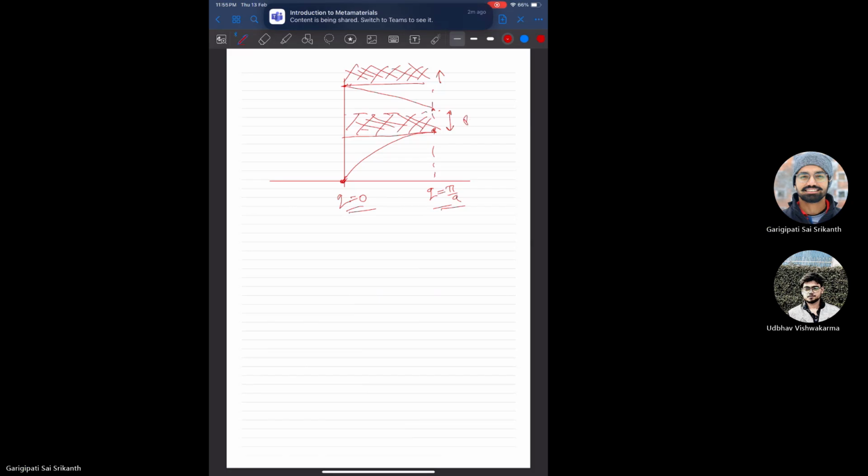So we can call this band gap. Now, could you call the cutoff a band gap? Actually, you could. But typically, when people talk about band gaps, they're talking about gaps between pass bands. So this is very fundamental to metamaterial study.